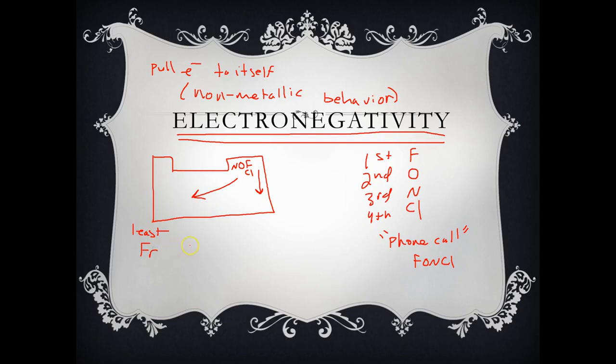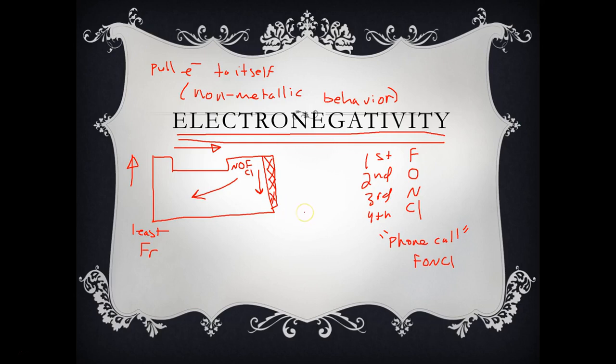It's got the same exact trend as ionization energy and electron affinity. It increases up, and it increases that way. But again, the noble gases don't count. They do not have electronegativity because they don't want to pull electrons to themselves. They're already full, so they're fine. They don't need electrons.